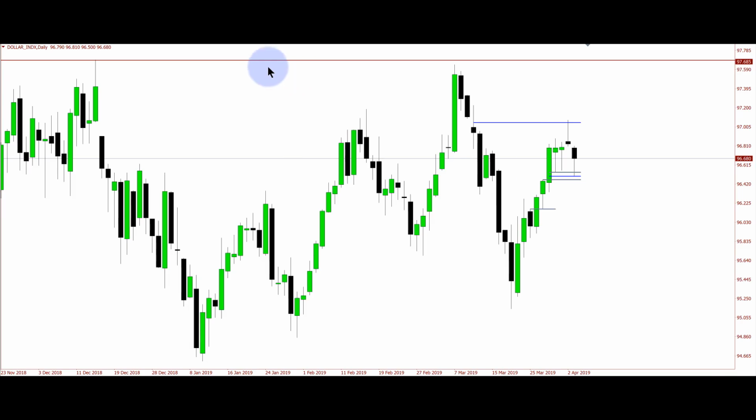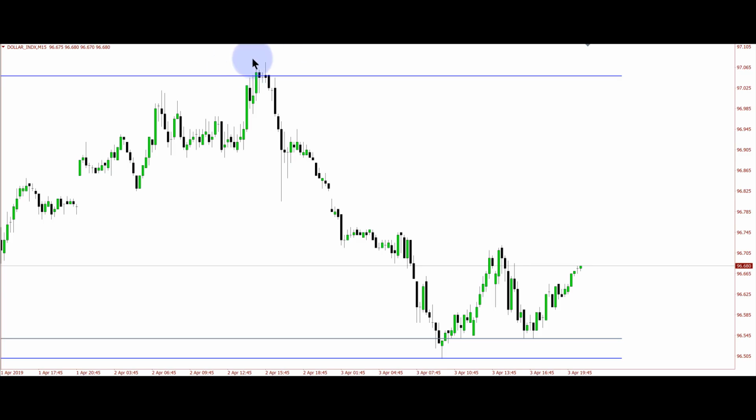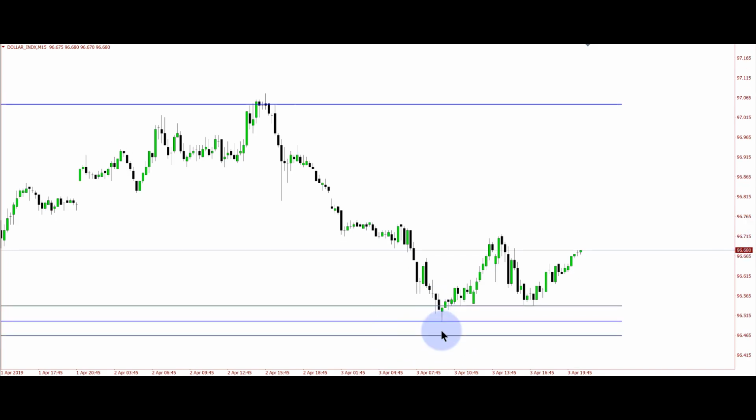Now, if we drop down into a 15-minute time frame and scrunch this up, there's those two bands of institutional order flow. So here's that volume imbalance, the mean of that range, or consequent encroachment, and here's the mean of the fair value gap.